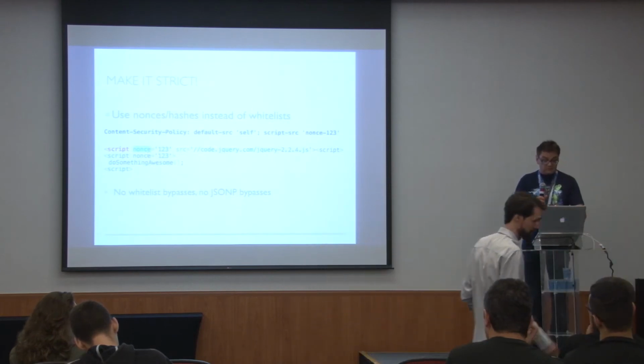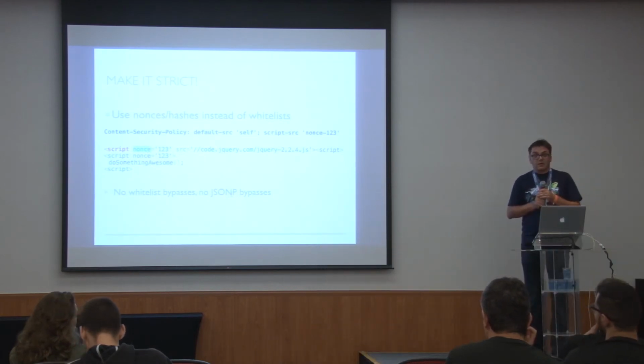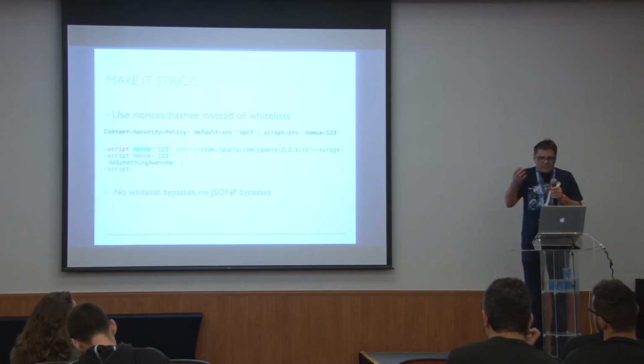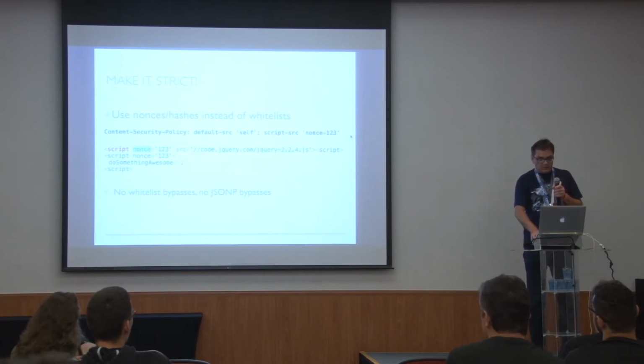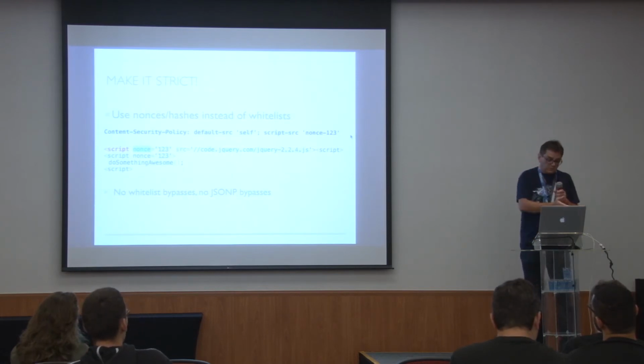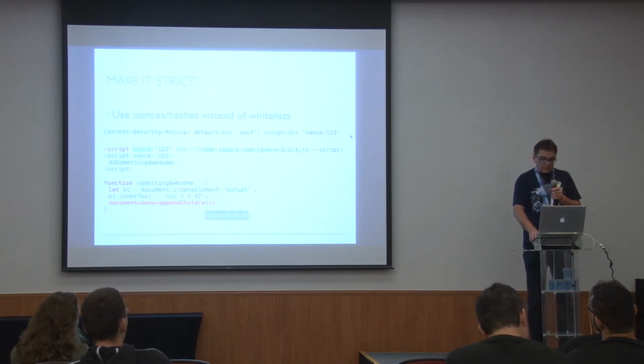And it also fixes the JSONP bypasses. You don't whitelist the JSONP endpoints anymore. You just specify the nonce in the script that uses the JSONP endpoint, so the attacker won't be able to inject a similar script that will be allowed by the browser.